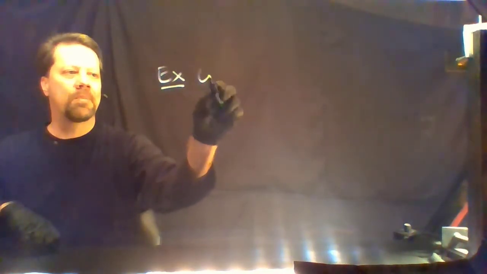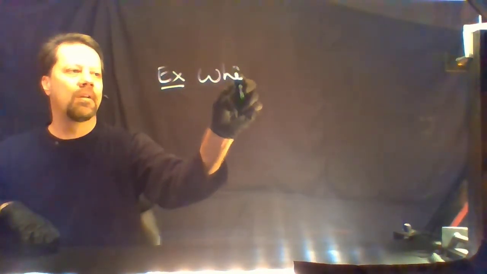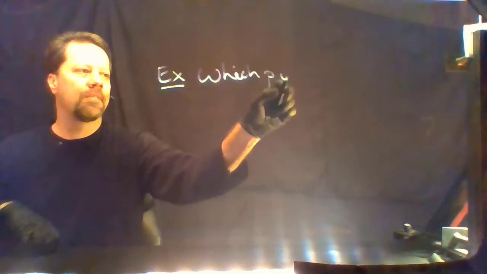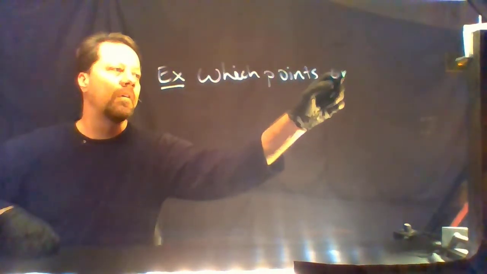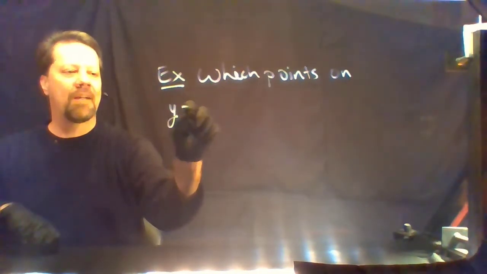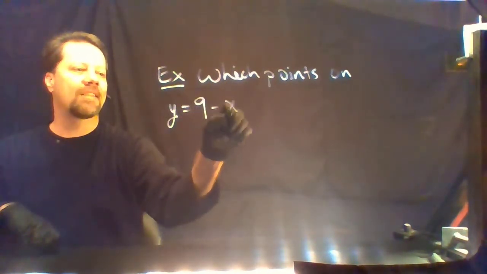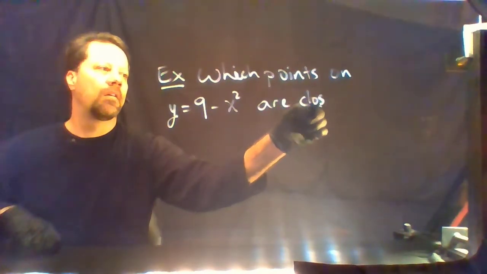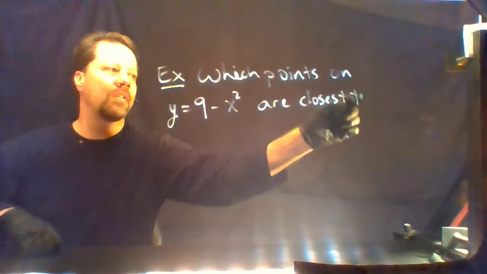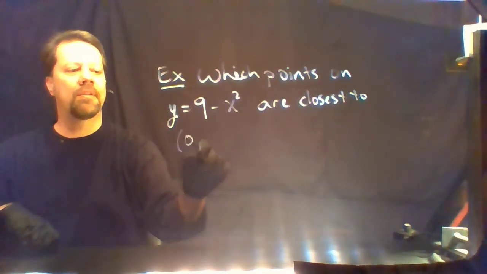In our next example, we're going to answer the question, which points on the parabola y equals 9 minus x squared are closest to the point 0, 3.